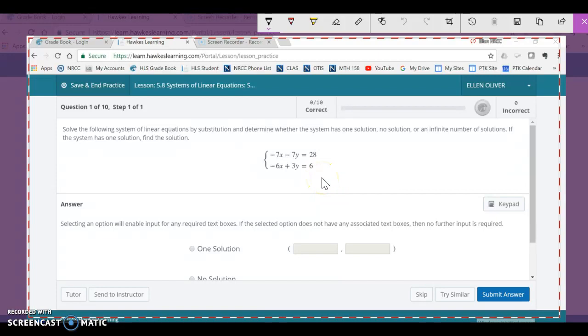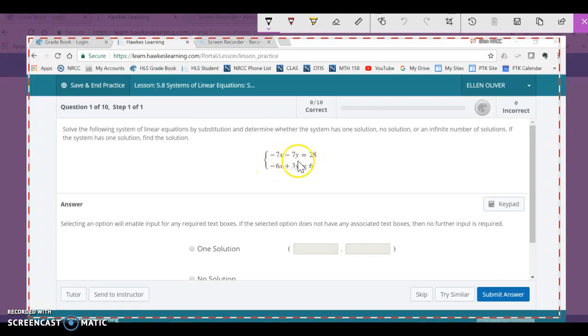So it really doesn't matter, especially in one like this. There's no obvious easier one to pick than any other. If one of the x's or y's had a coefficient of 1 or -1, we would pick that one to start with, just because it would be simpler. But this one doesn't matter.